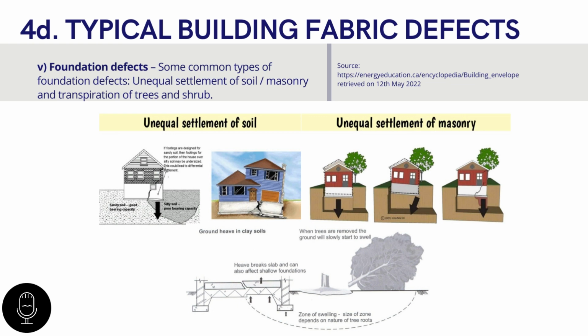The foundation should be made from material that will not fail and lose its stability in the presence of ground or surface water. Here are some common types of foundation defects. For example, unequal settlement of soil or masonry and transpiration of trees and shrubs. The selection of foundation types also gives a significant impact to the building stability.